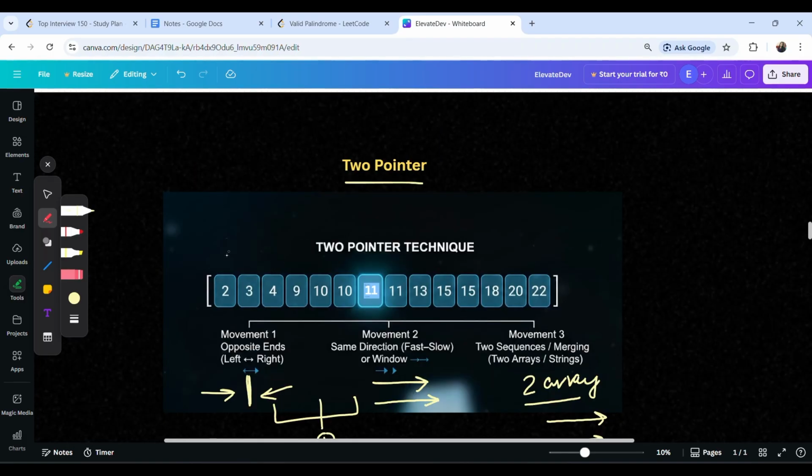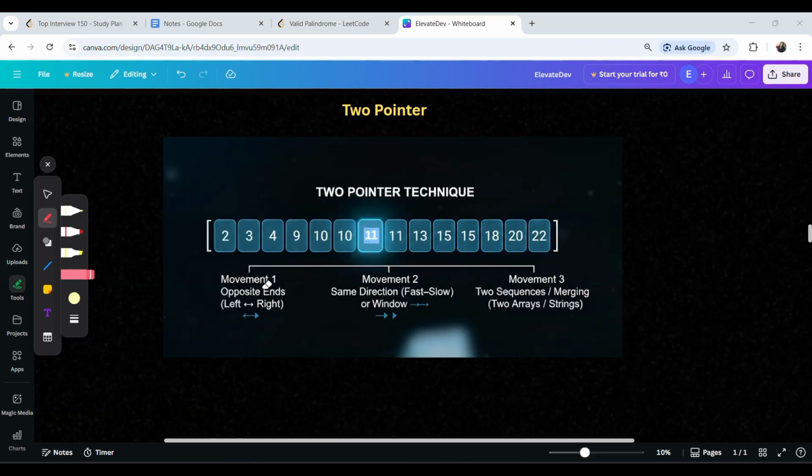In your scenario, you and your friend were at both ends, computing the middle point and then moving inward. So this is the first movement of pointers, where the two positions move inward.